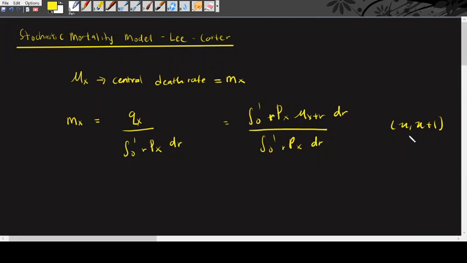If the force of mortality is reasonably flat between this interval, so that for each r, mu x plus r is almost constant, then mx will be almost equal to mu x. Thus, qx is almost equal to 1 minus e to the negative mx.